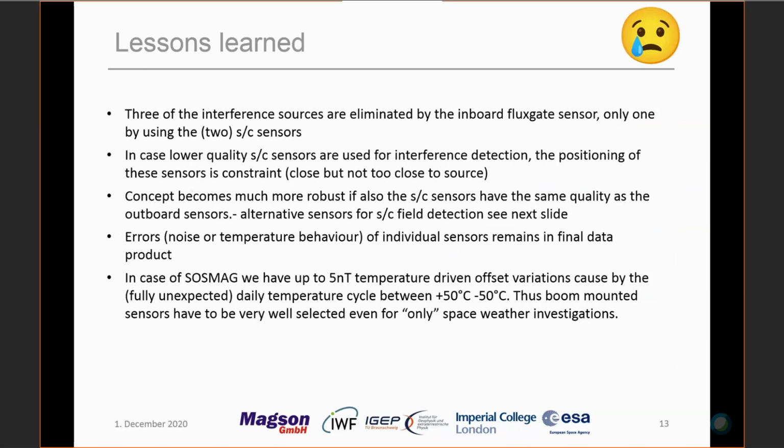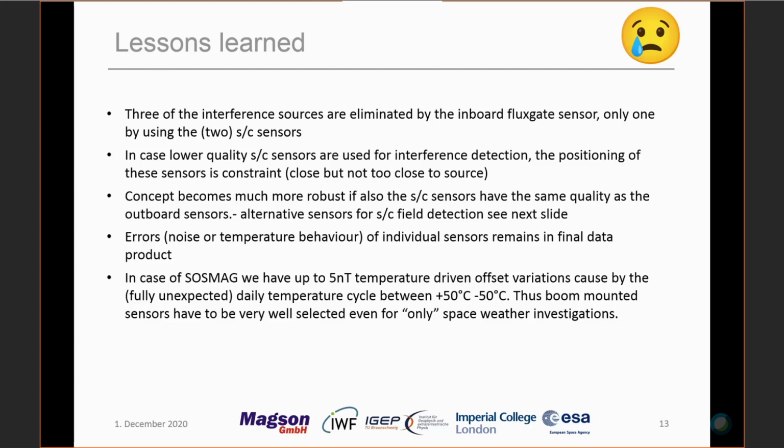So, things that did not work perfectly. 3 of the interference sources are eliminated by the boom-mounted inboard flux gate sensor, and only 1 by using 1 of the 2, or in principle 1, spacecraft-mounted RMR sensor. The problem was, or the problem is, the higher noise level of the RMR sensors.